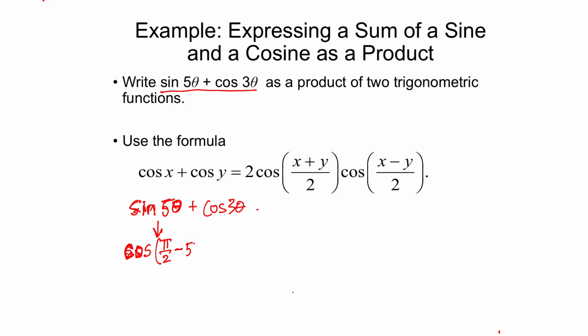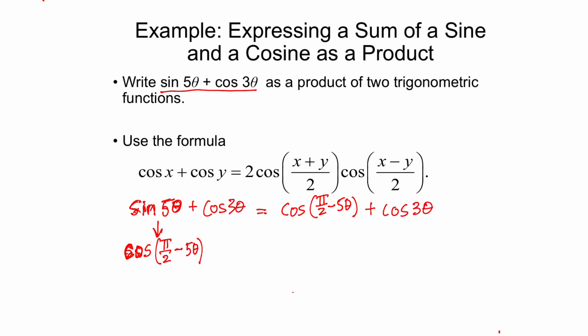So in this case, it will be cosine of pi over 2 minus 5 theta. So rewriting this as two cosines, that would give me cosine of pi over 2, 90 degrees, minus 5 theta, plus another cosine of 3 theta.